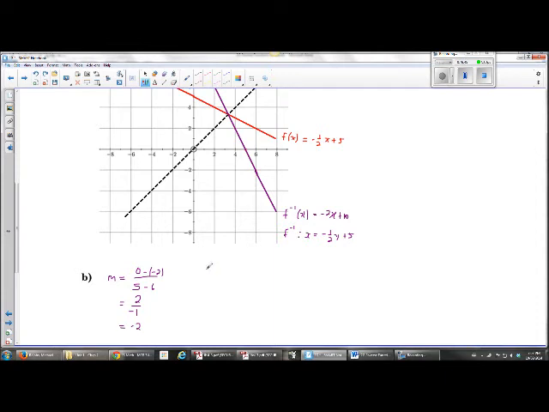Then the formula would be y minus something over x minus something equals negative 2. We just use any point to make things easy for ourselves. So let's do y minus 0 over x minus 5 equals negative 2. Multiply both sides by x minus 5, so we get y equals negative 2x plus 10, which is f inverse of x.